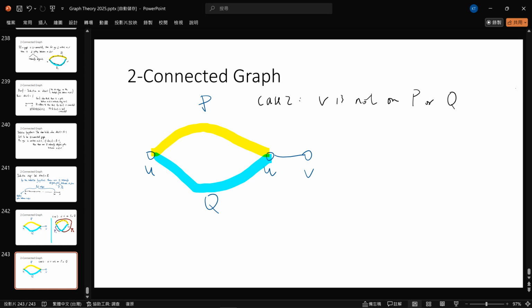For case 2, the idea is to find a third path that avoids W, because you can see that these two paths all use W. So we want to find a path that does not use W. That's our goal. Can we show that we can always find a path between U and V without using W?